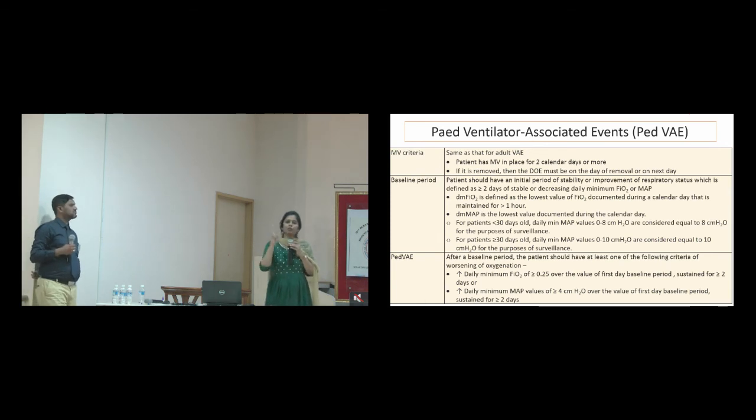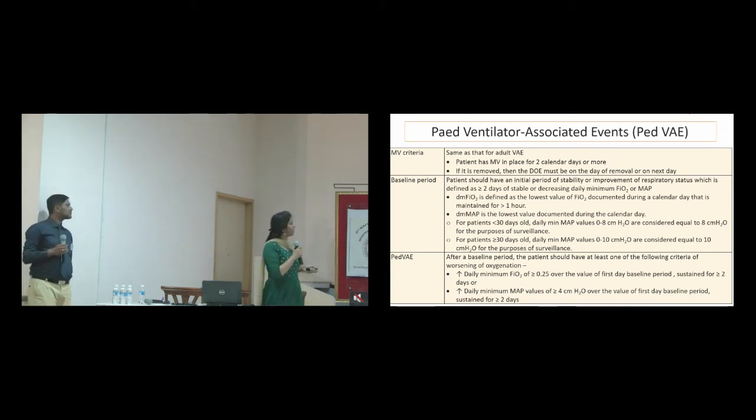You should have 2 days of baseline followed by 2 days of worsening of gas exchange, but the definition of worsening varies. For FiO2 you should have a jump of more than 0.25, for MAP you should have a jump of 4. That is the difference, otherwise the concept here is the same.